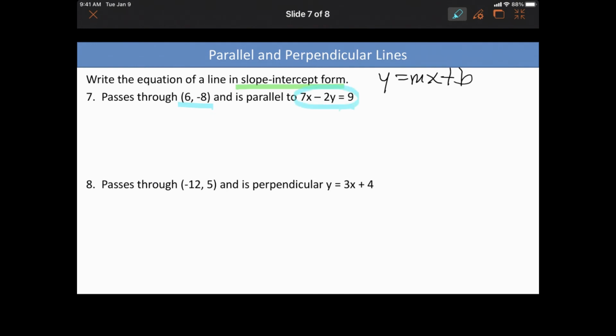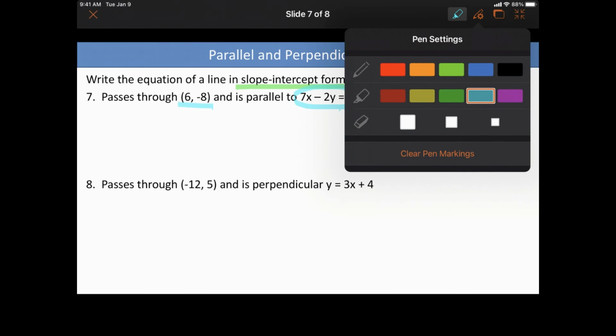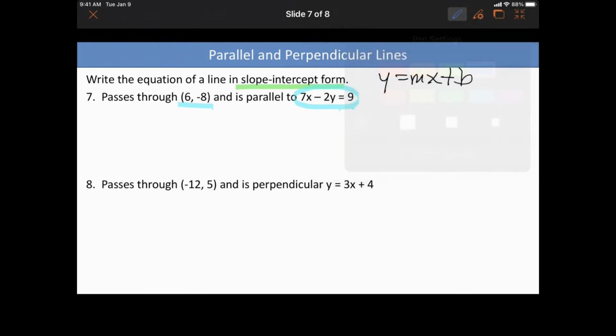All right. So from the earlier problems, 5 and 6, we had to find the slope, right? And then the y-intercept, given two points. So here I now have a point and a line, but I know it's parallel to this line. So what do I know about parallel lines? Their slopes are equal. So if I can find the slope of this, then I can find the slope of this new line that passes through this point.